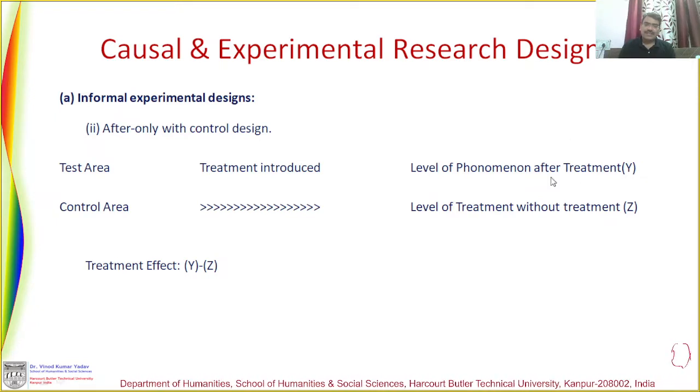And this one is after treatment and this is without treatment, and one is called test area and the other is called control area. So in case of tea or coffee, you can understand this. In case of chemical treatment, you can have half kitchen garden, and then look at whether your treatment effect gives you a result or not. So this one is the second type of informal experimental design.